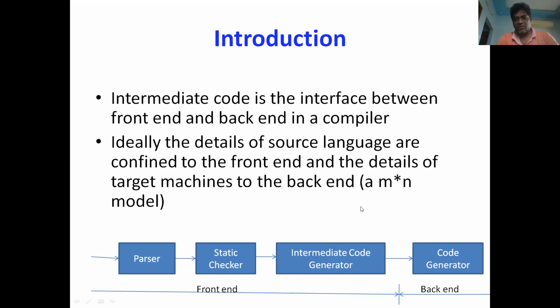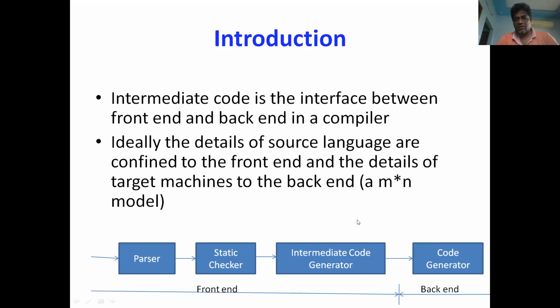The reason for using this phase is that the back end of the compiler, as we all know, is machine dependent, and the front end of the compiler is machine independent. So we need an optimization mechanism to be applied on the front end side also.